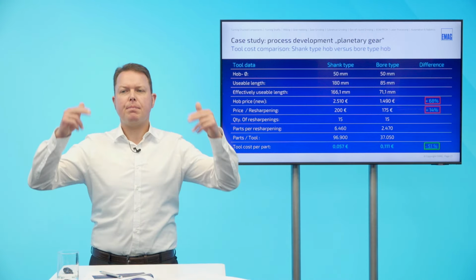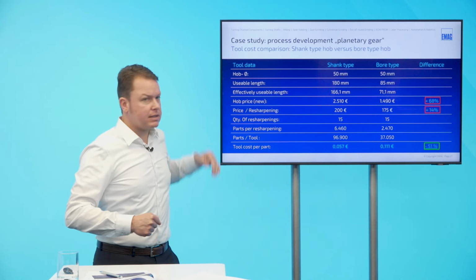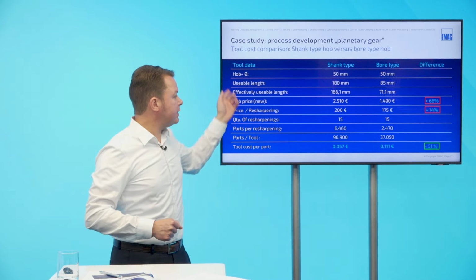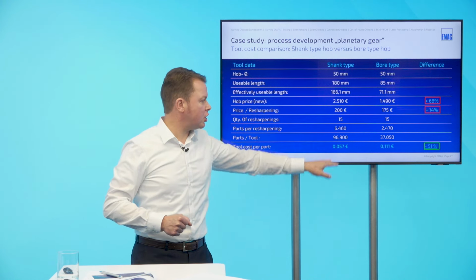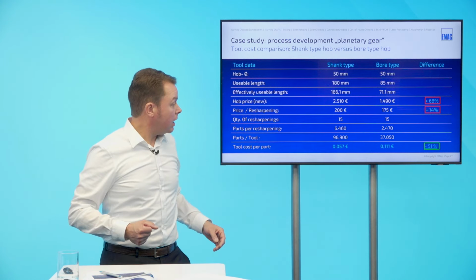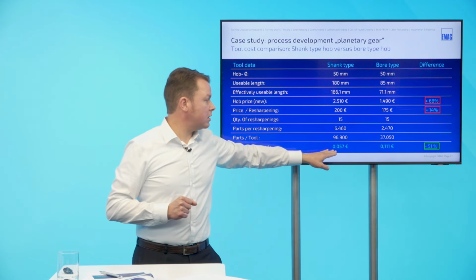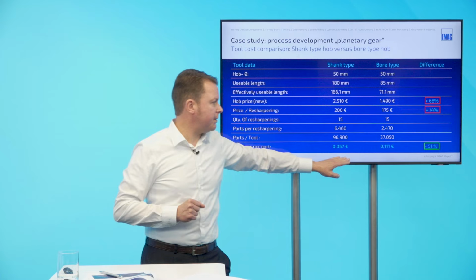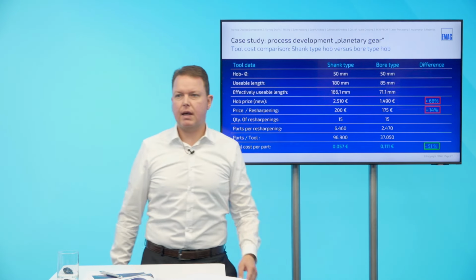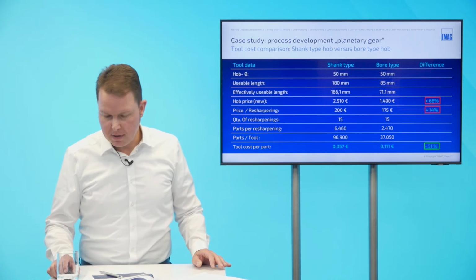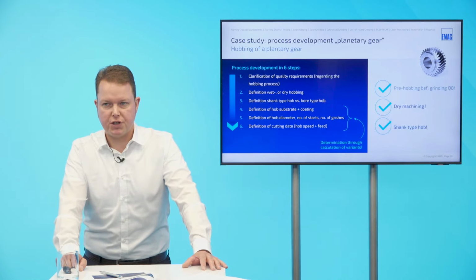And if we now add up the whole cost, that means purchasing plus also the hob maintenance, and we divide this with the total number of workpieces we may machine with such a hob, the result is considerable. We have a reduction on the tool cost per part of 50% in our case here. So it's 6 cents with the shank type hob and 11 cents with the bore type hob. So when it comes to take a decision, of course, we will go for the shank type hob in our project here.